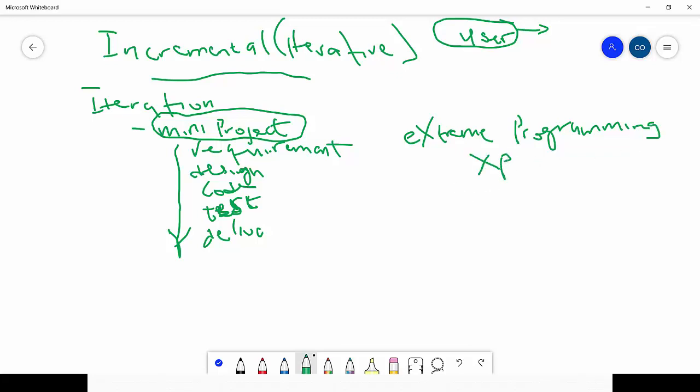Now, extreme programming was created around 1995, right, by Kent Beck and Ward Cunningham. Again, these are just for your educational knowledge, right? Extreme programming is a type of Agile programming that is highly development focused.